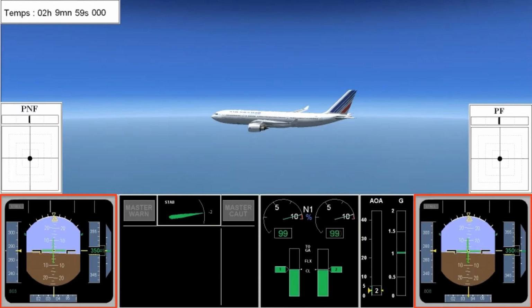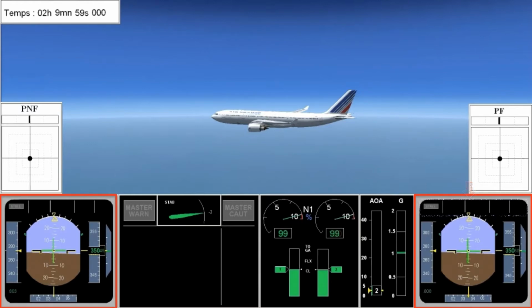As shown on the right PFD, the lower part of the display presents an indication of heading. The 2 green bars displayed close to the centre of the screen depict the lateral and vertical command bars of the flight director.